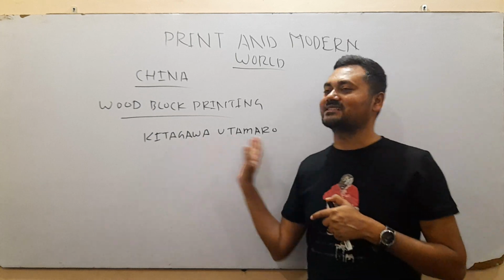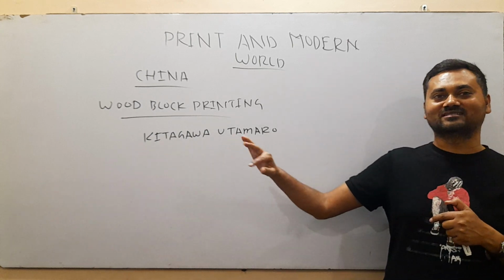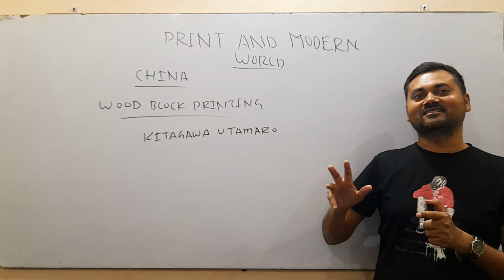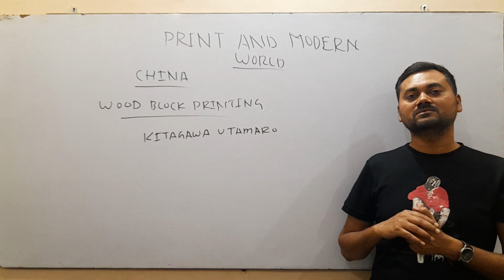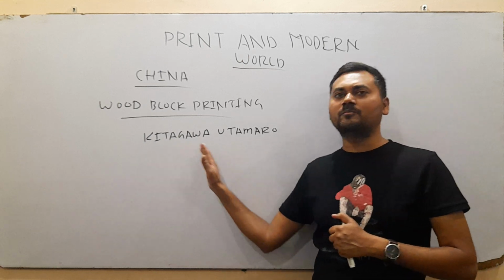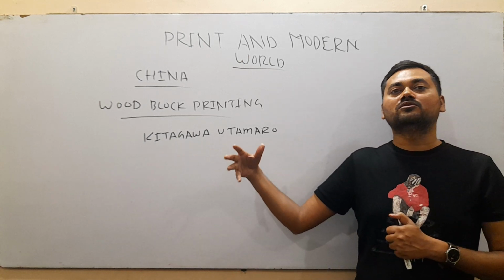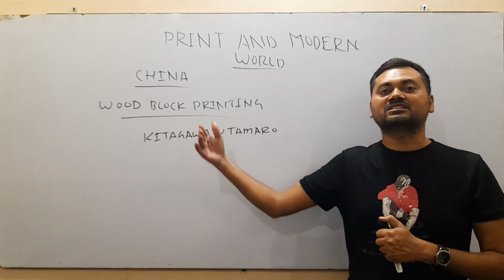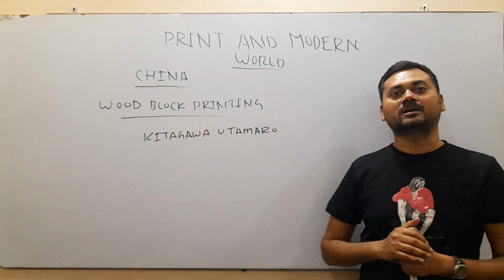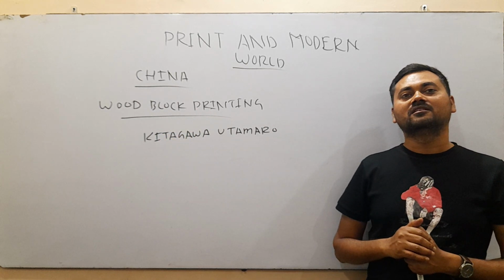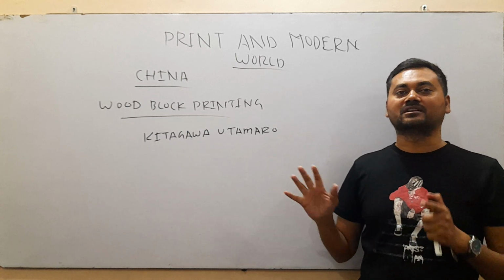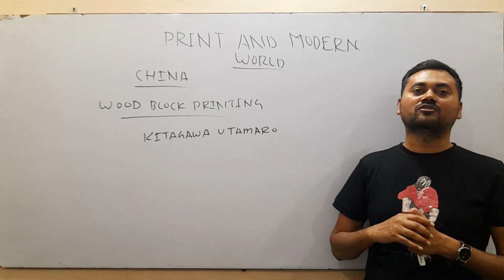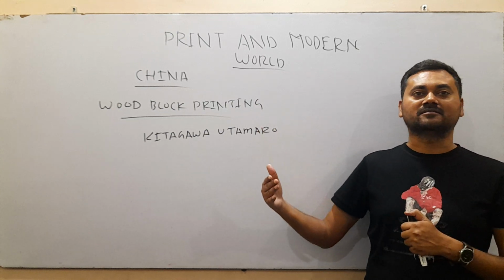If you type Kitagawa Utamaro in Google, you will get to know what kind of pictures he generated. During that time, nobody had thought to draw pictures like those Japanese women. That's why he became a very unique figure in the history of print culture in Japan.